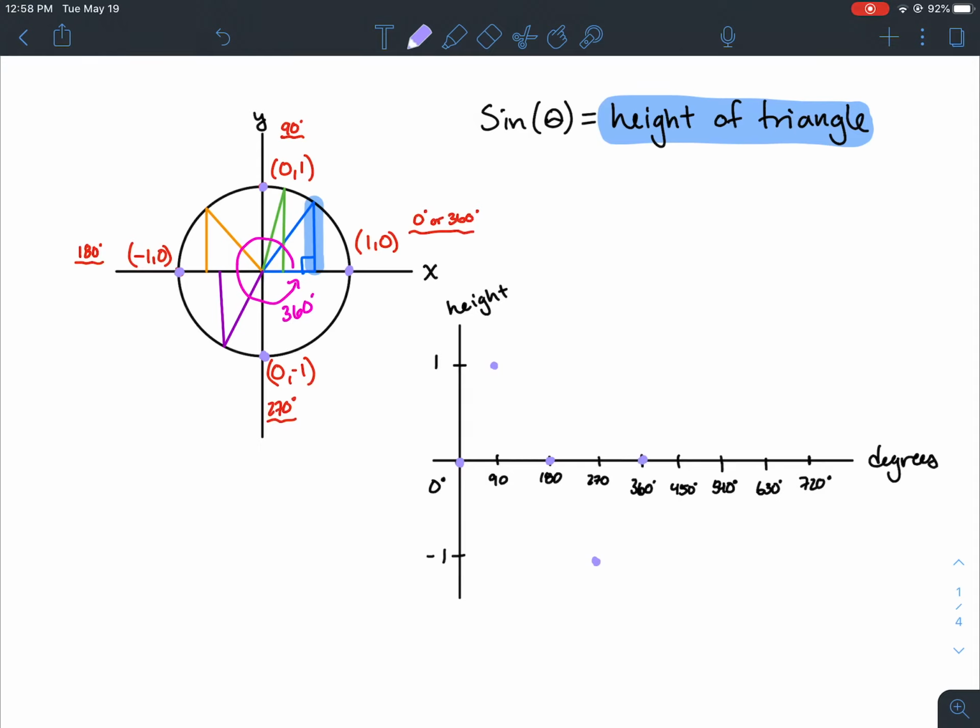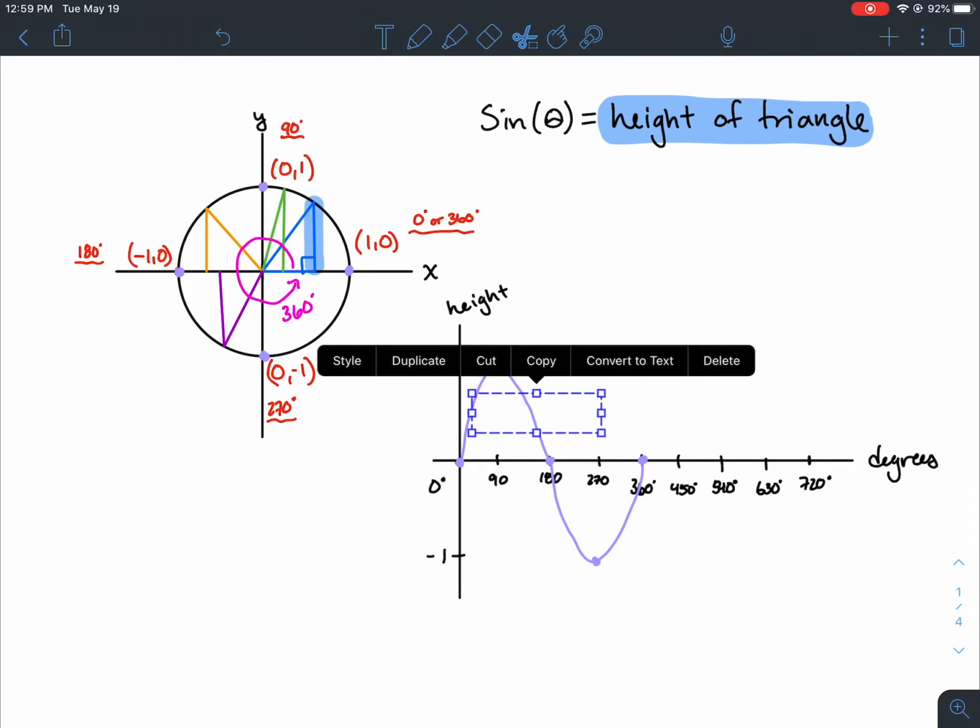And so what we see is this graph starts with a height of 0. At 90 degrees, we hit our maximum of 1. At 180 degrees, we're back at 0. Then we go to 270 at -1, and then at 360, well, what's going to happen is this circle is going to continue to rotate.